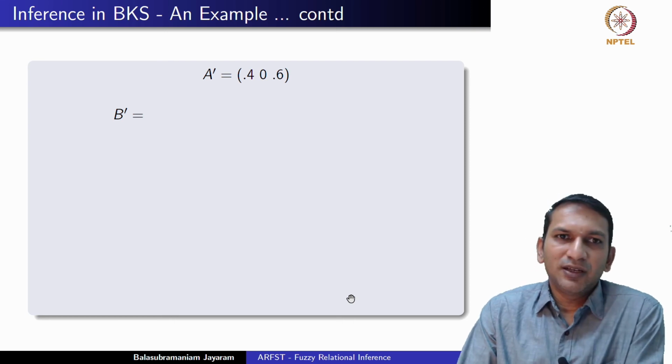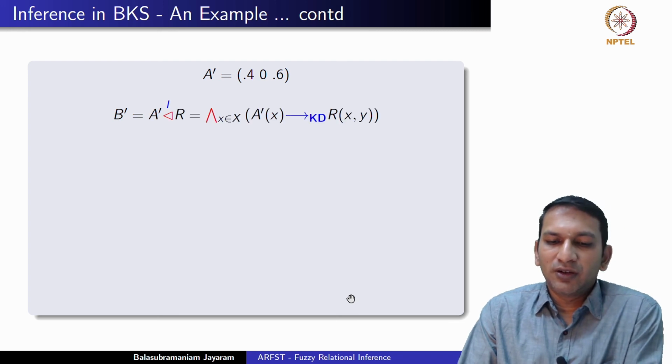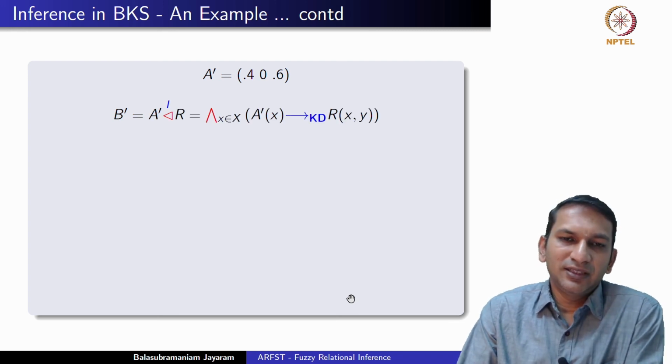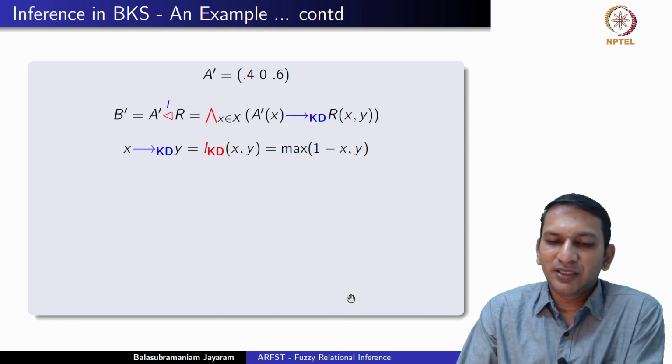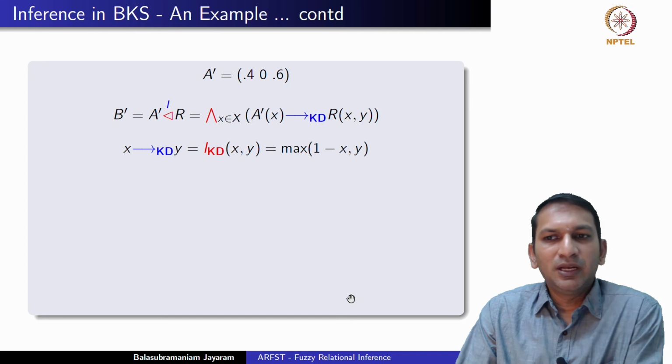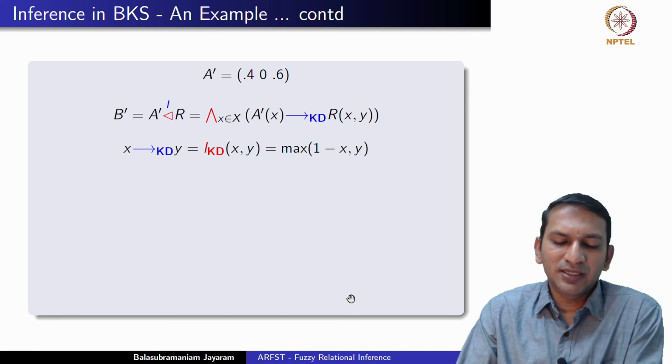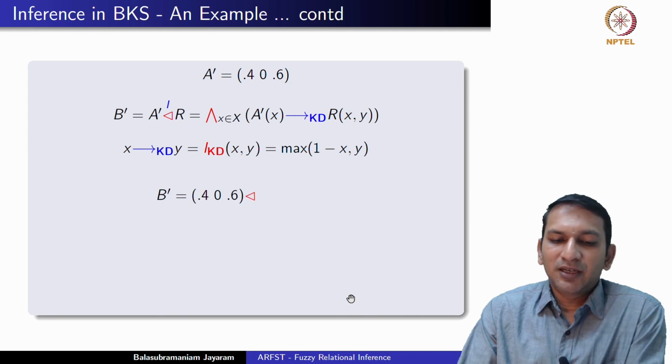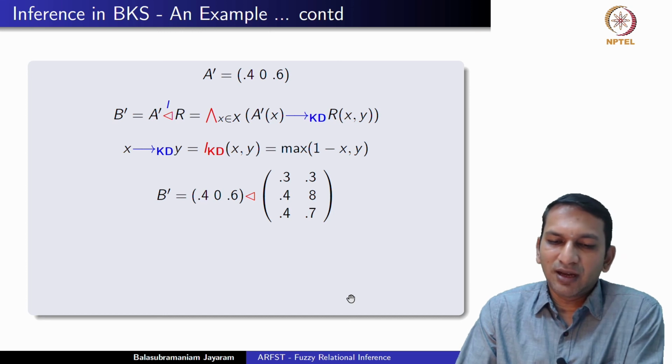In BKS, we need to choose the implication. Let us choose the Kleene-Dienes implication in this case. How is Kleene-Dienes implication given? You may recall it's an S-N implication obtained from the maximum T-conorm and the usual classical negation 1 minus x. So this is how it will look. Now B' is composing A' with this matrix R that we have obtained.